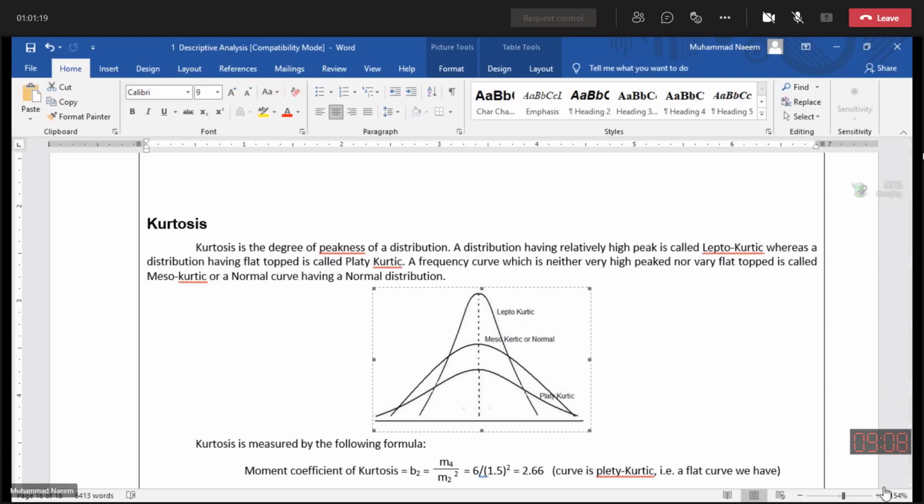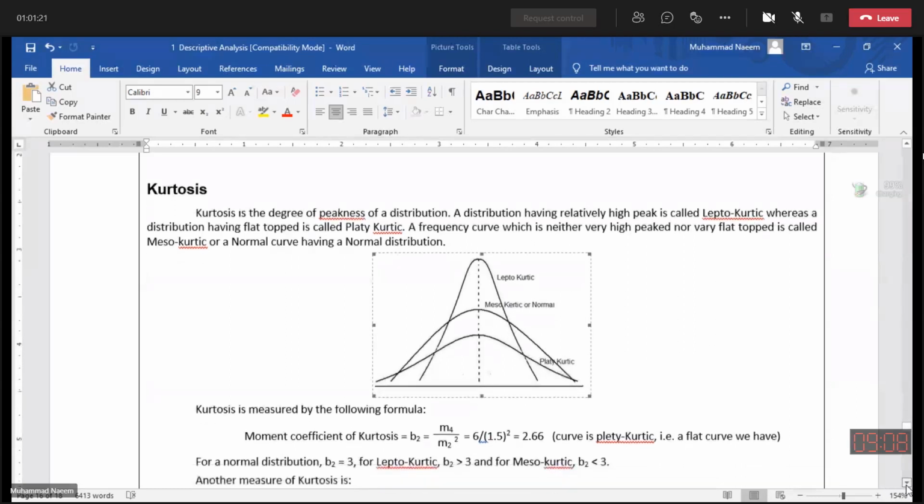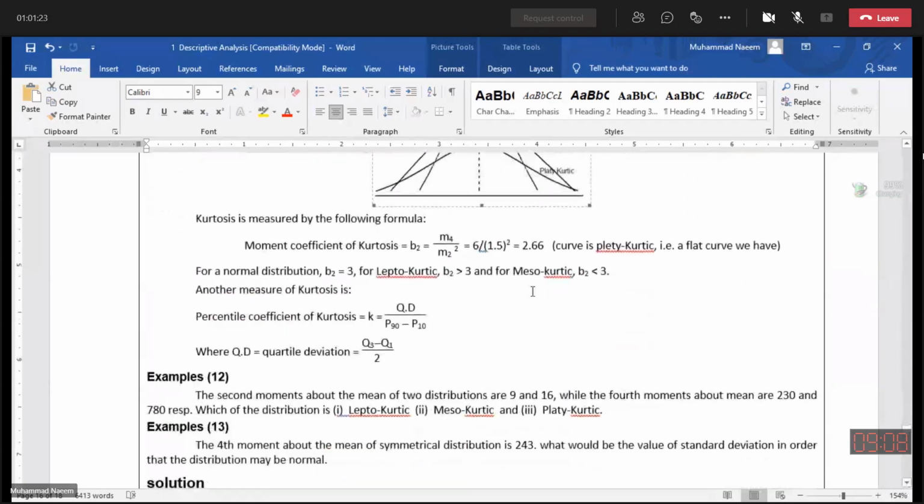But how can we calculate it? One of the formulas is with the help of the moments using this moment ratio. In this moment ratio we have used the fourth moment in the numerator and the square of the second moment about the mean in the denominator.